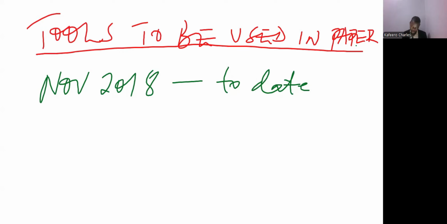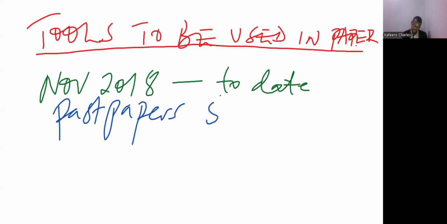You are also supposed to have the past papers with their marking guides or solutions, at least from November or May 2018 to date. I know some marking guides have some errors, but we shall be able to highlight some of these aspects as we go on, but have those with you.